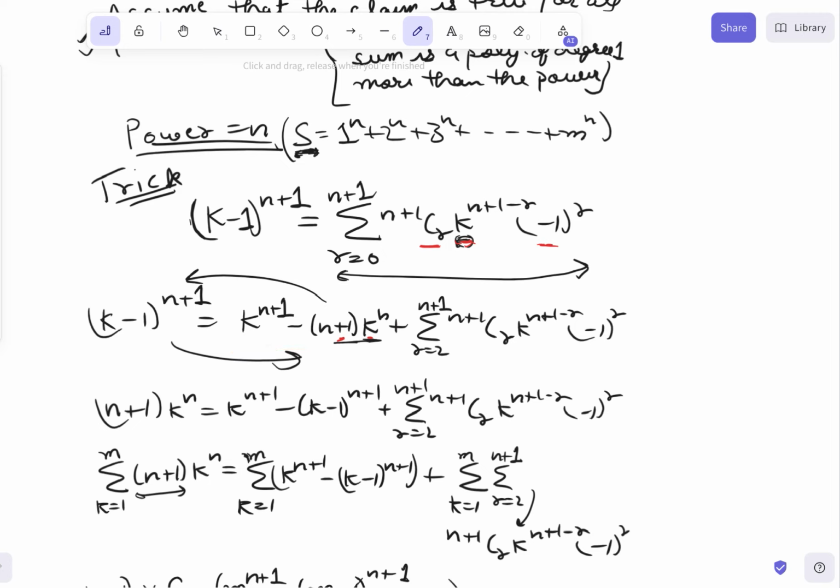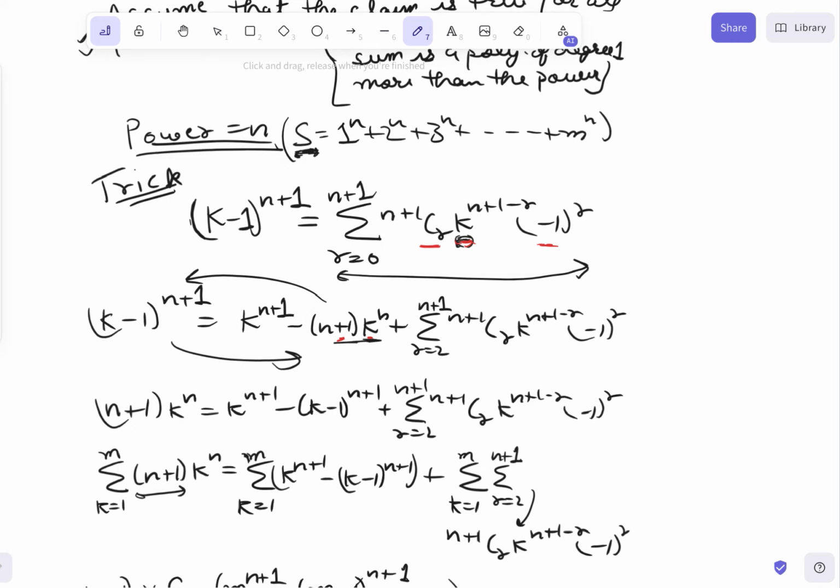And choosing power n plus 1 makes sense also because the claim that we are trying to prove is that this should be a polynomial of degree n plus 1. So it makes sense to start with this and then try to see if we are really able to make a formula out of this.